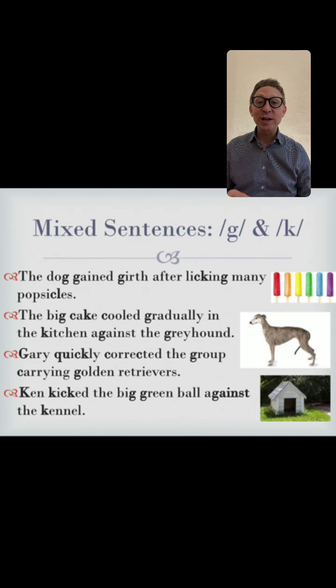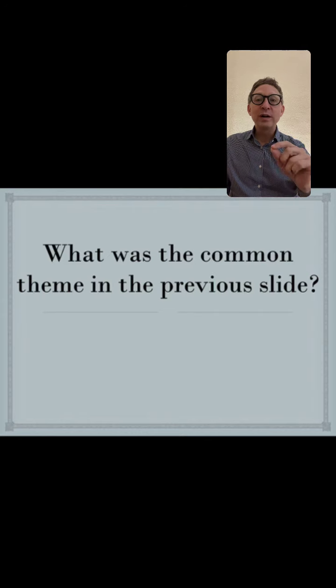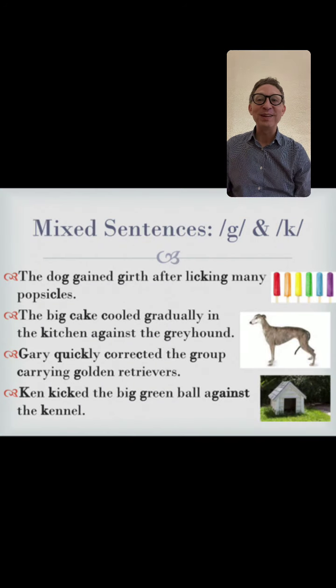Now, I have a question for you. What was the common theme in the previous slide? What is the common theme amongst these sentences? Do you see the common theme? Take a second, look at all four sentences. What's the common theme?